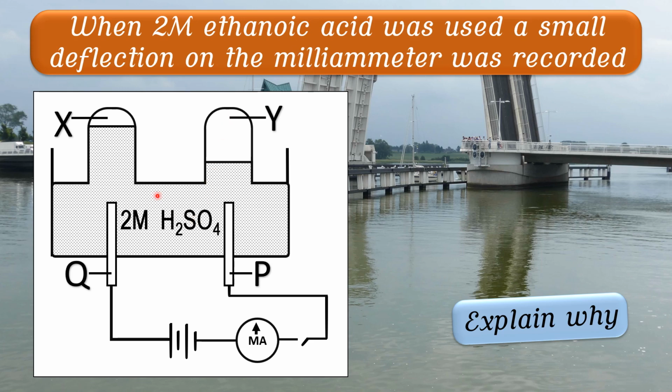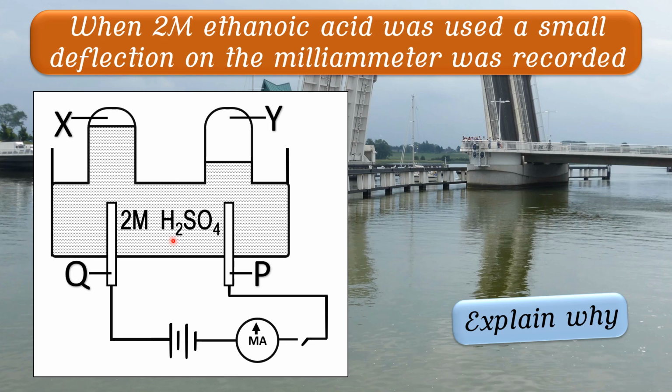So here we are saying that now, instead of 2 molar sulfuric acid, we exchange it and use 2 molar ethanoic acid. But when we use 2 molar ethanoic acid, our millimeter shows a very small deflection compared to what is seen when we are using 2 molar sulfuric acid.